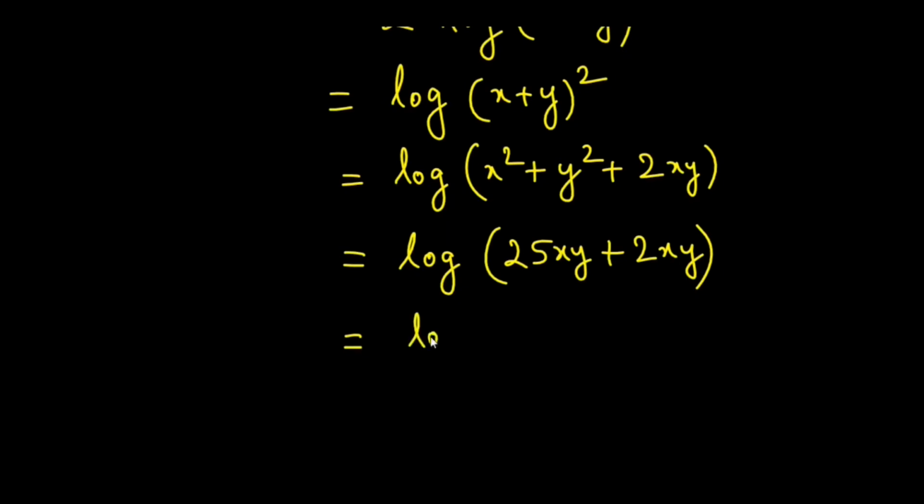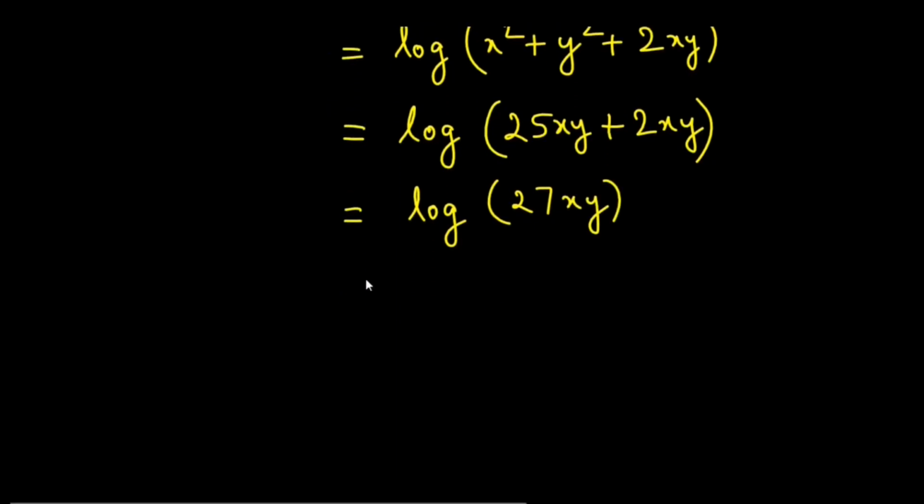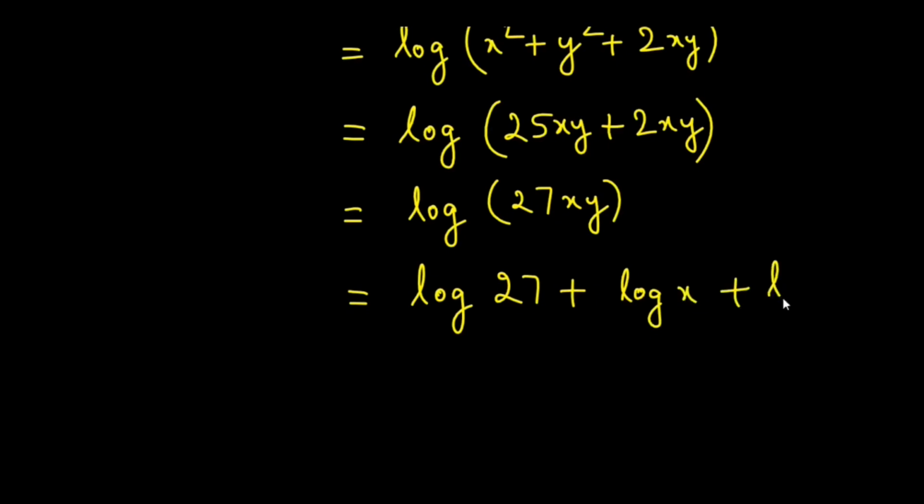This becomes log of 27xy. Now let us expand it. Applying the product rule, we get log 27 plus log x plus log y. Now 27 can be written as 3 power 3.